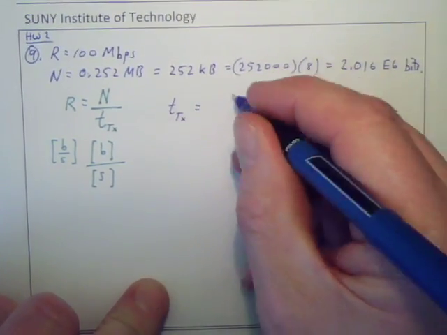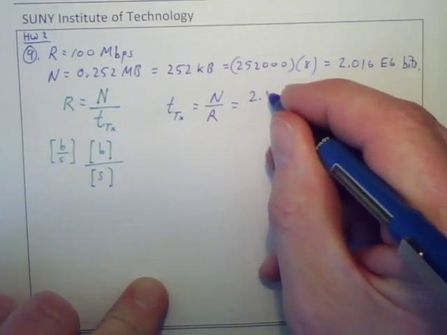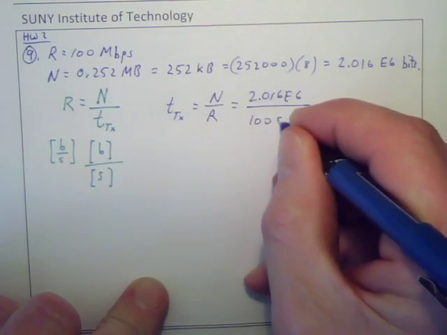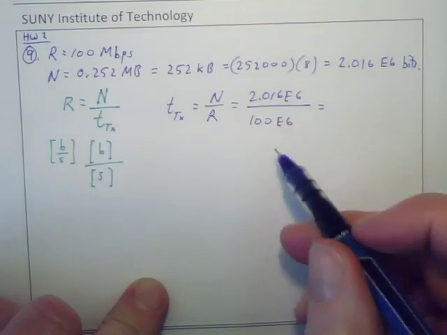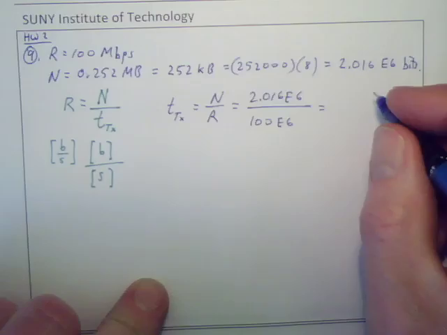This is n over r, which is 2.016 e to the 6th, all divided by 100 e to the 6th, which is about 1/50th.